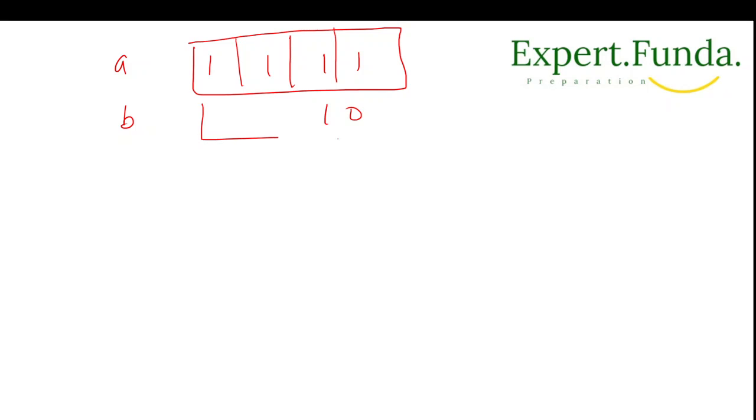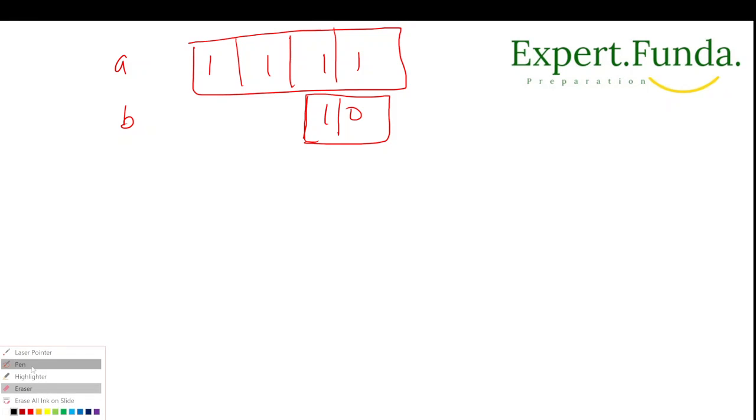Let me make the array. So we have two values, and the rest of this is blank. A is 1 1 1 and B is 1 0. Okay, let me erase this one. Like this we have.